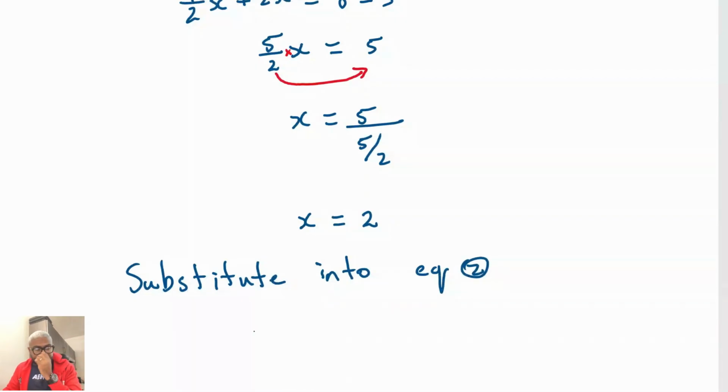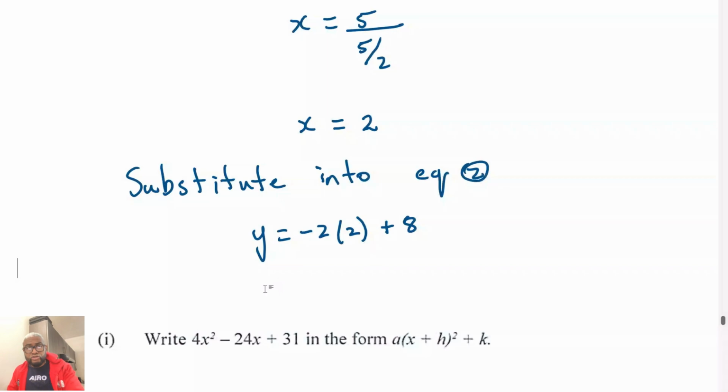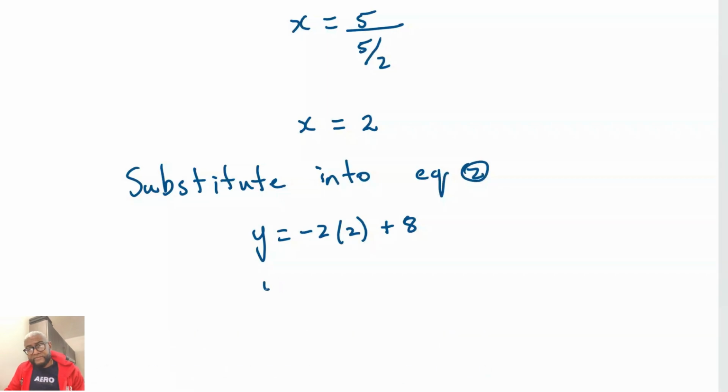Easy. So y will be equal to negative 2x plus 8, right? So x in this case is 2. 2 multiplied by negative 2 will give me what? Negative 4 plus 8 will be equal to 4, positive 4, right?